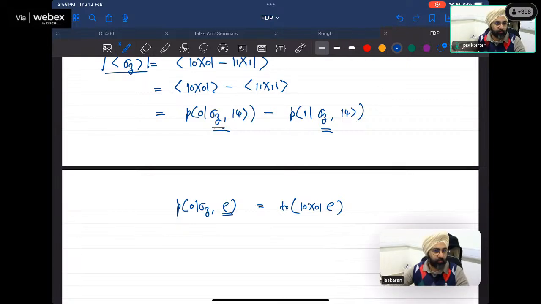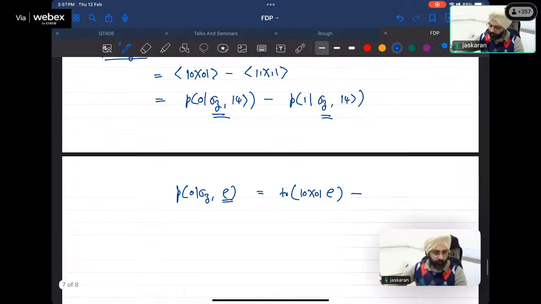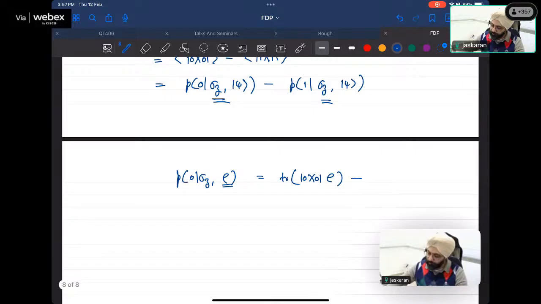So are there any questions up to this point? So the last equation is this, and here we are assuming the Born rule that we have. Let me just rewrite the Born rule.